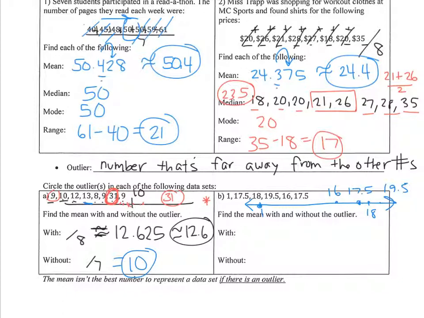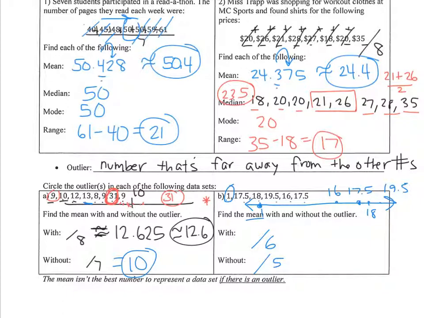The number that's away from everything else is the 1. So we're going to find the mean, the average, with 1 and without 1. With the 1, 1, 2, 3, 4, 5, 6, there are 6 data numbers, and without it there are 5.